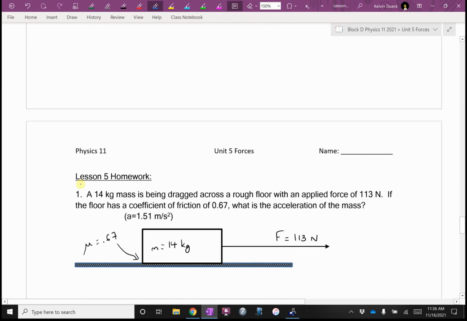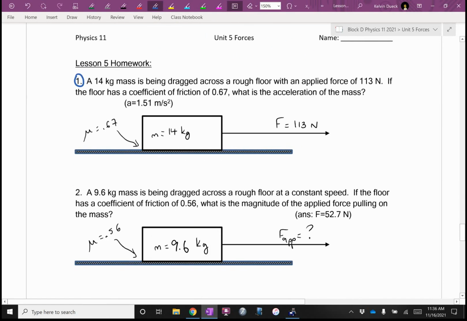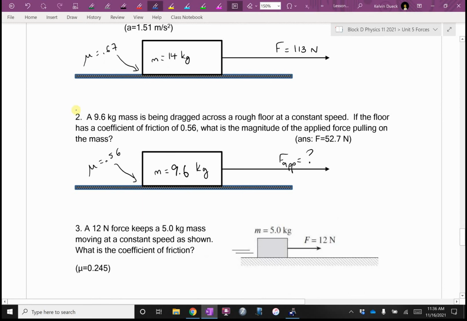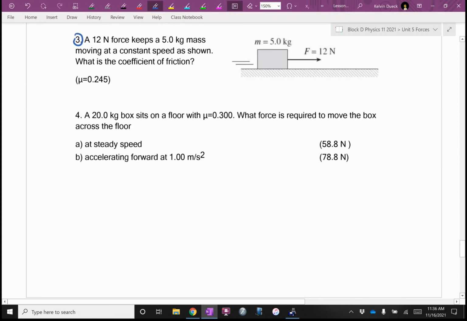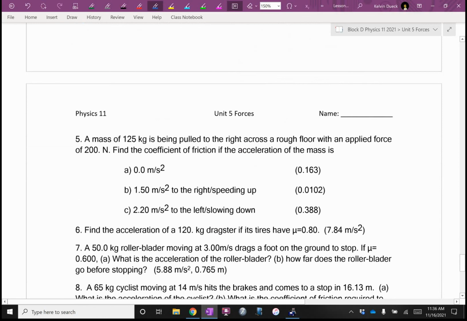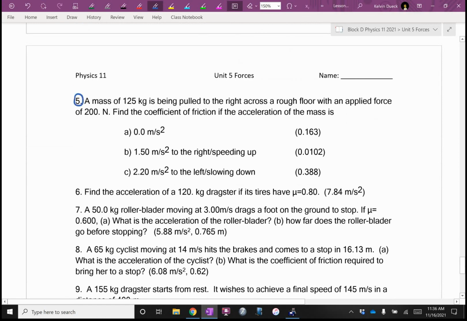What's your homework? Number 1? Two is good. 3 is good. 4 is good. So far I've assigned them all.